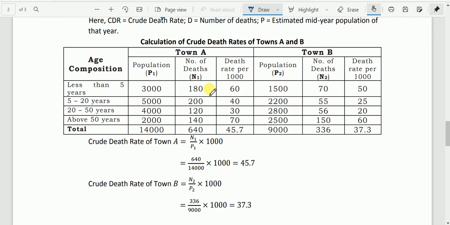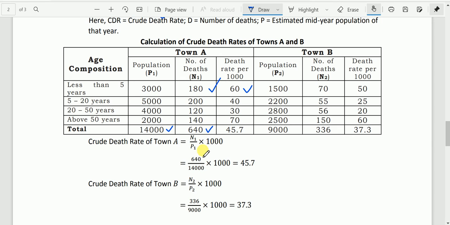These are the results. This is the death rate. How to calculate? Just see the crude death rate of town A, for example. Here is the total: this is the mid-year population for town A, and this is the number of deaths.